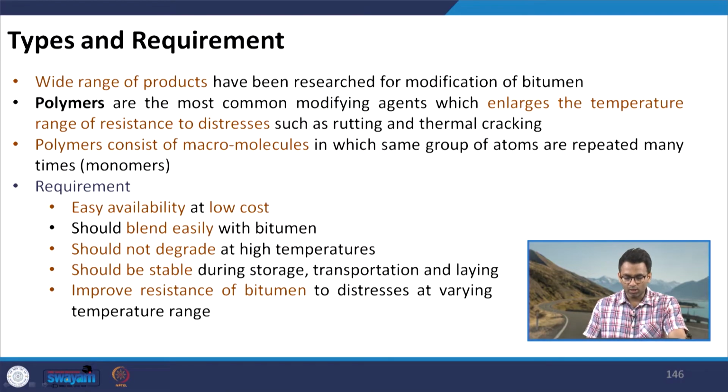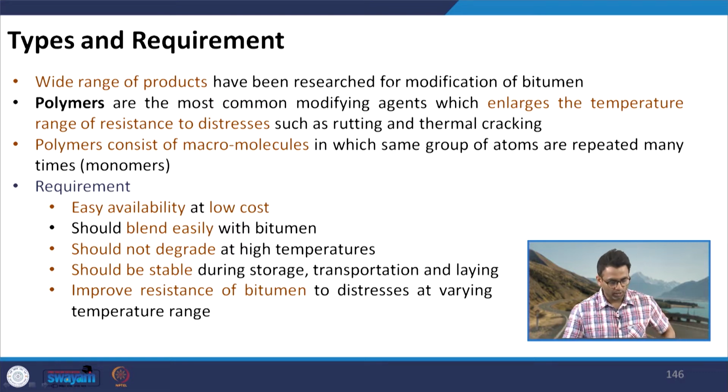After degradation we are not able to achieve the desired benefit for which we have actually used these modifiers. So, they should not degrade at high temperatures. Also, they should be stable, as I mentioned, during storage, transportation and laying, which means we should be able to store them without getting a separation in the phase of bitumen and this polymeric system or the additive system which we are using.